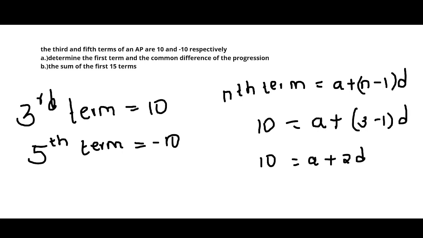So it will be negative 10 equals a, which we don't know, plus our n is 5, so 5 minus 1 is 4, whereby we're left with 4d. So we're going to try and find a and d, whereby 10 equals a plus 2d, and negative 10 equals a plus 4d.